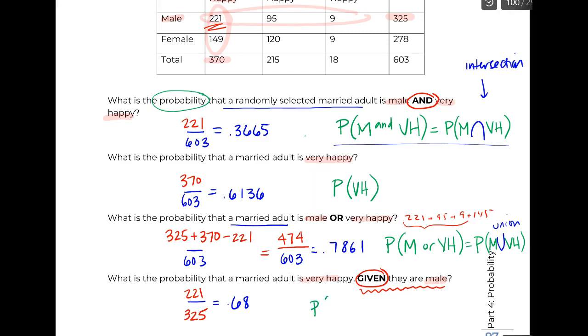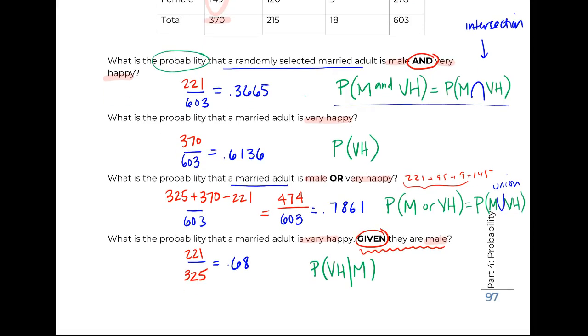The last one, the probability of, okay, this one actually looks like this. Very happy given male. And you may have seen this notation before, whether or not you know it. Whatever's behind the given line is what we're going to put behind the line. And the way you may have seen this in math is in set builder notation.